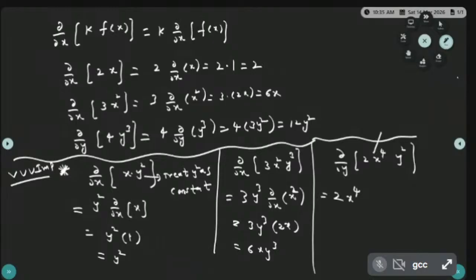Treat x as constant. This is the correct way of writing. In multiplications, we are sending the constant terms outside. Now what is the final result? 4x power 4 into 2y.